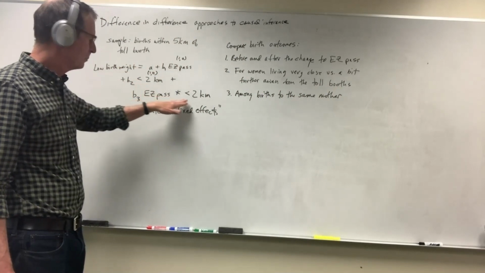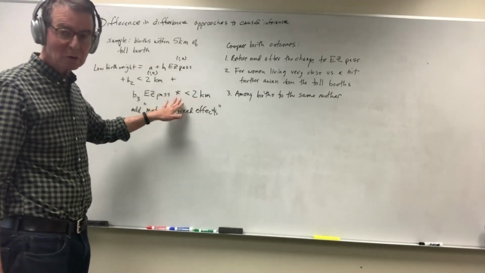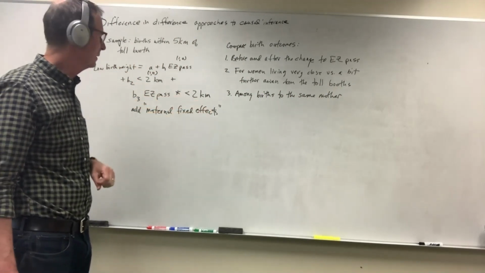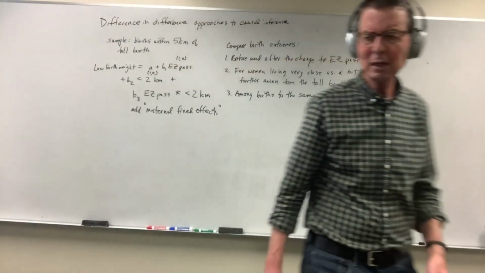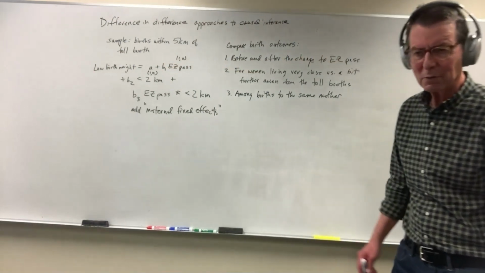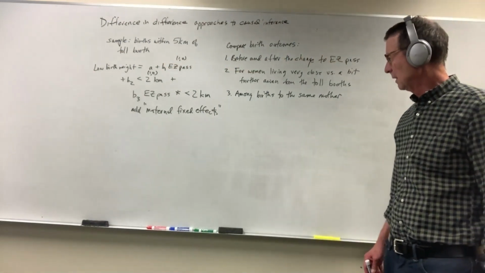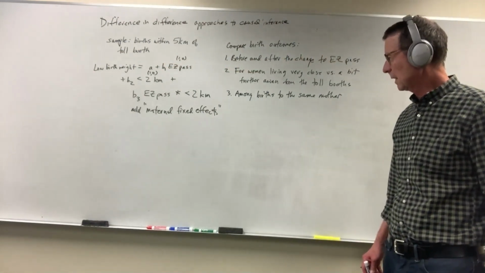Or some of the moms moved. Sometimes they moved closer to the toll booth. Sometimes they moved further away. So it seems like for any particular mother, you only have 3 or 4 observations at most. So how can you count on that?